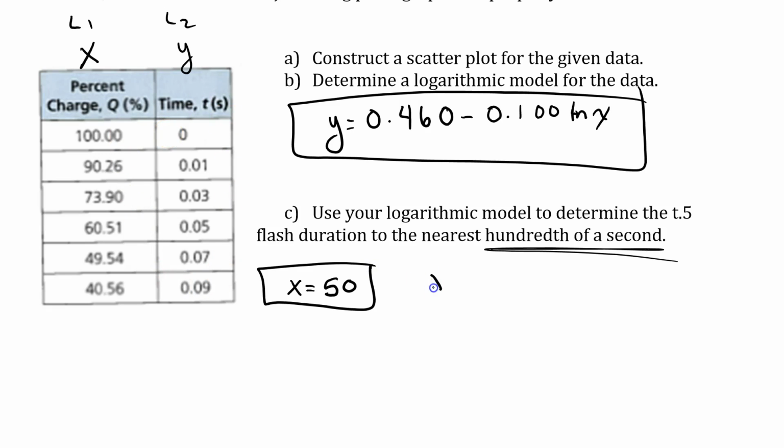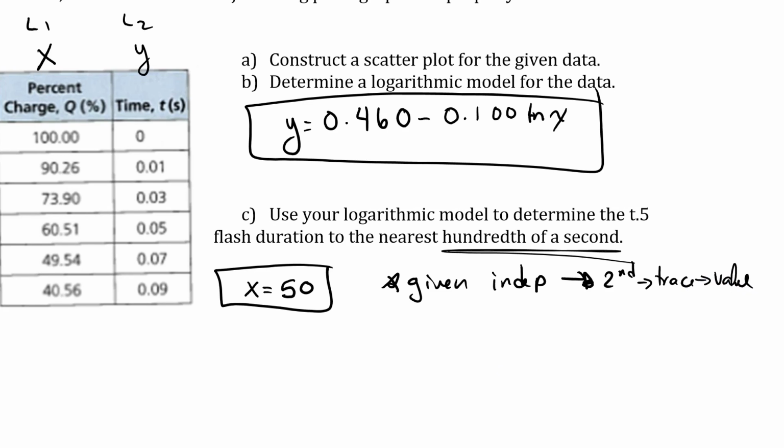So remember, since we're given the independent, we're going to use second trace value. We're going to say x equals 50 and figure out what y equals.